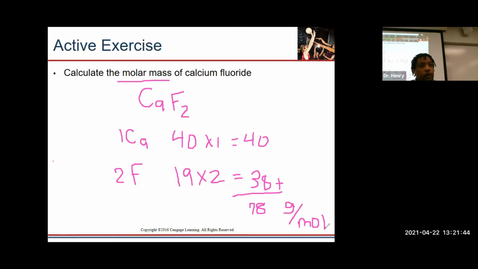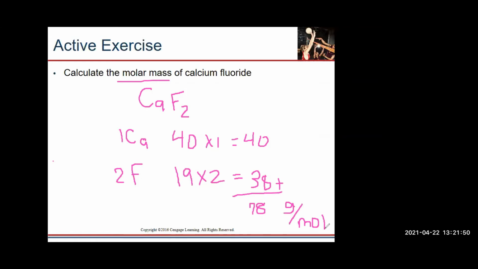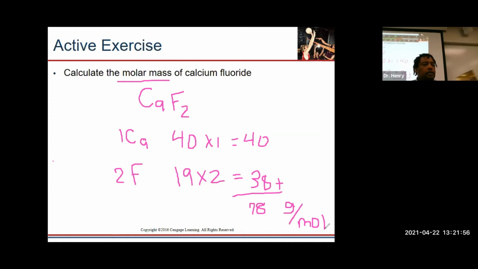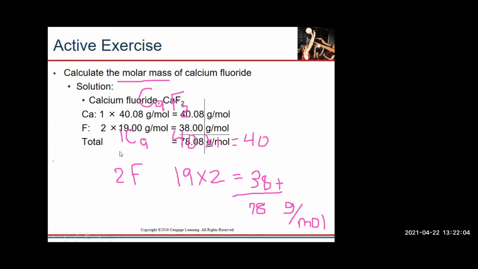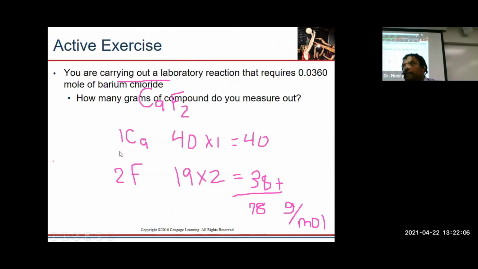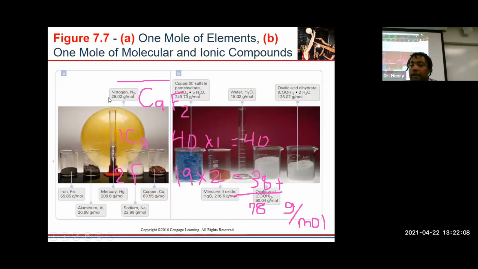If you're asked for formula mass, you know that you're going to be giving me AMU. Does that make sense? Piece of cake. Easy to remember. Okay, so, oops, I got carried away.